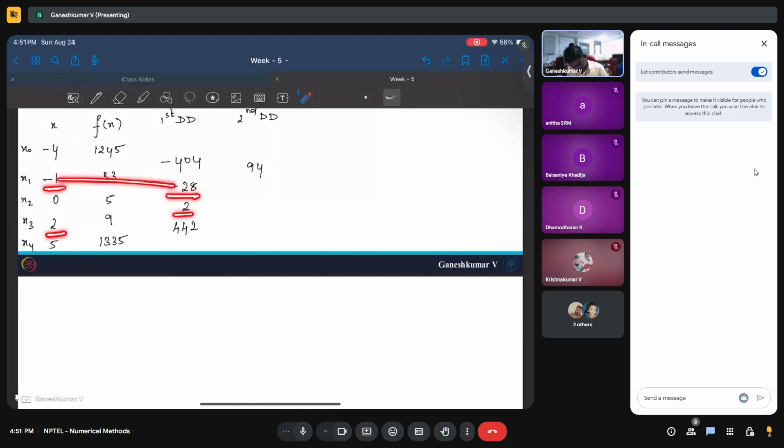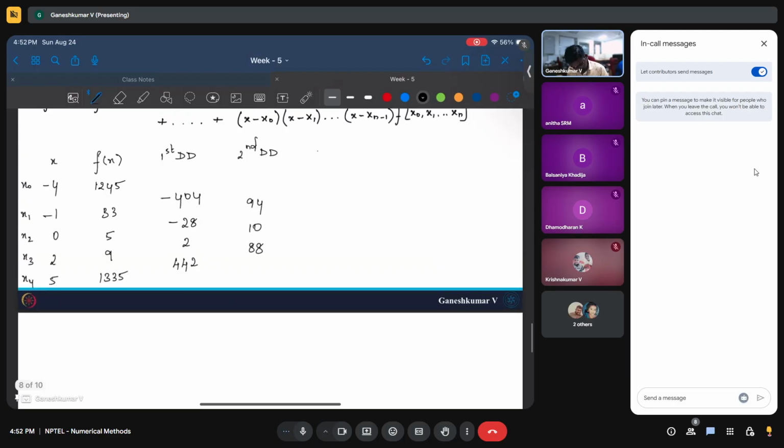Okay, so please understand this. So 2 minus of minus 28 is 2 plus 28 divided by 2 plus 1, which is 3. So this will be 10, and the final one will be 442 minus 2, 440 divided by 5, 88.